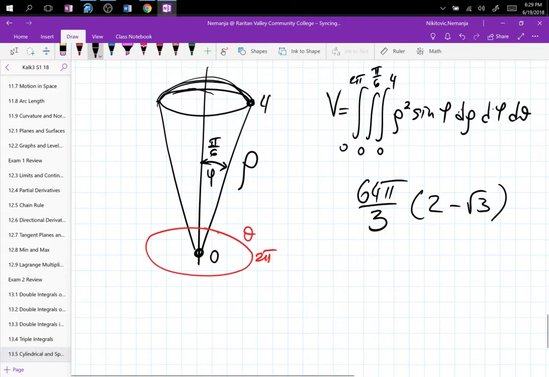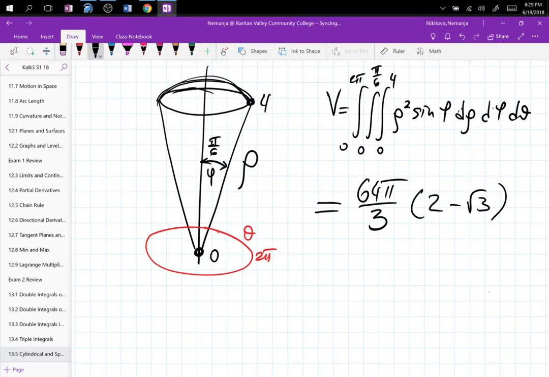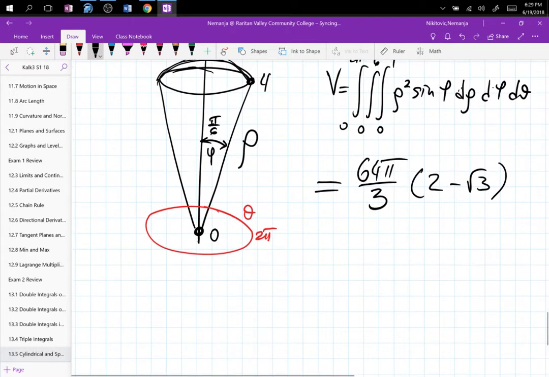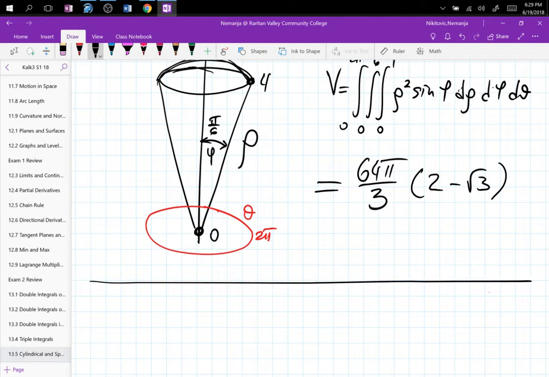Done. That's the whole thing. That's the answer. Easy. It's 3 consecutive integrations. It's not a problem. That's what paper is for.